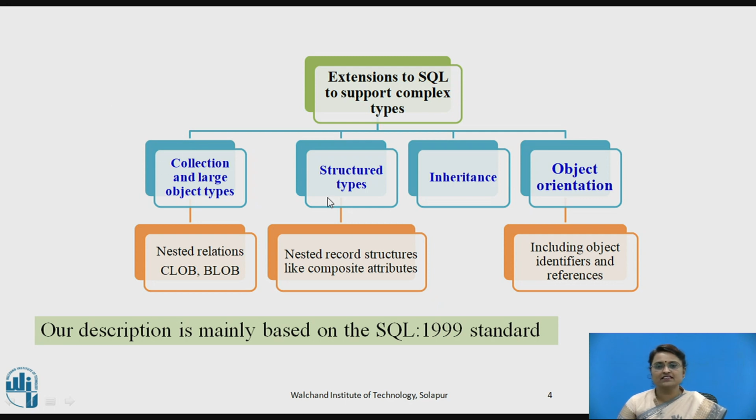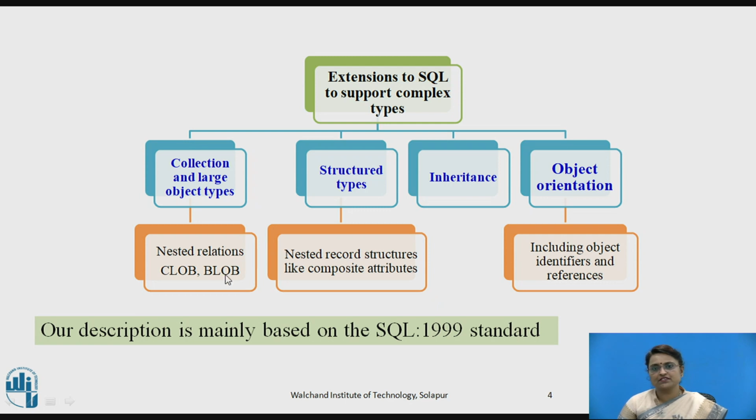The second it supports is structured types, then inheritance, and then object orientation also. In collection and large object types, the nested relations are part of this, and the binary large objects and other large objects are there, which we call clob and blob.